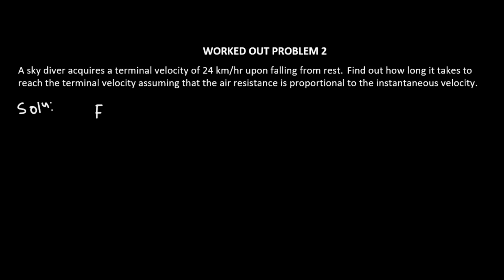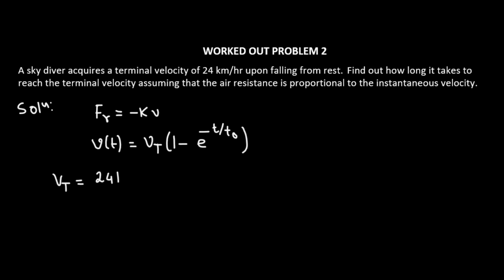That means that the drag force f of r is given by negative kv, such that the velocity expression v of t is given by v_t times 1 minus e raised to the power negative t over t naught. This is an expression for the velocity. Now in this question, v_t is equal to 24 kilometers per hour, so we need to convert it to meters per second.